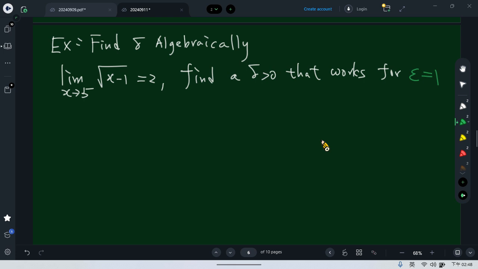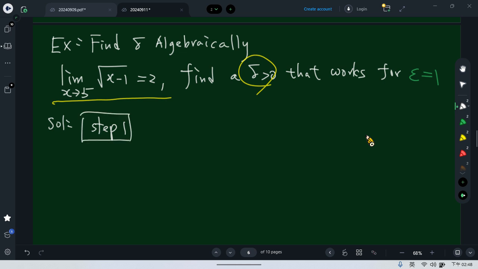So you can notice this example is not asking us to find for all epsilon, but for a specific epsilon, especially epsilon equal to 1. That means if I give you epsilon is 1, can you return a delta to me so that this relation still holds? Okay, so based on this, the solution here is step 1.